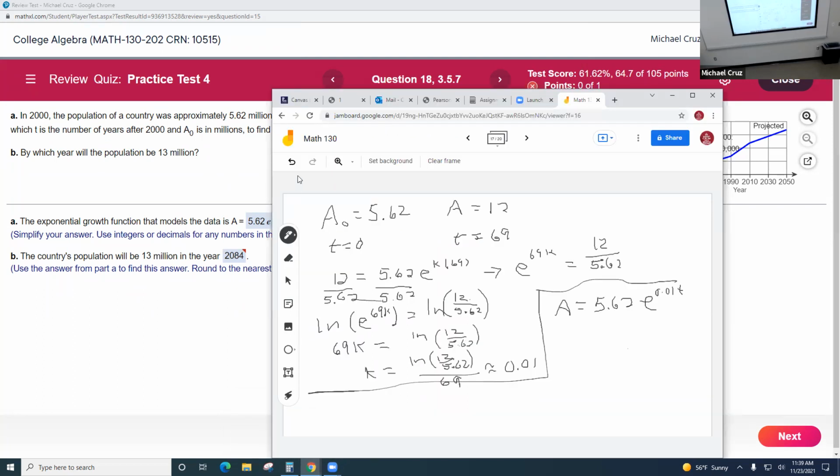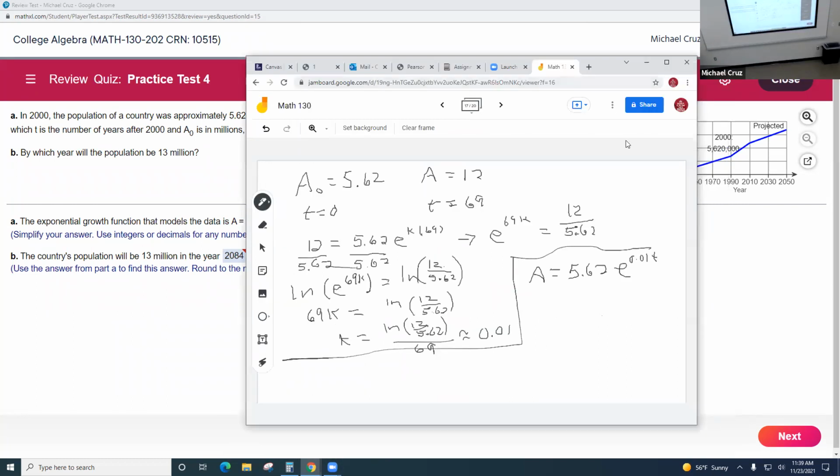All right, so the country's population, when will it be 13 million? Well, we're just going to put the 13 here and solve it, just like we did before, except this time we're going to get the t out.